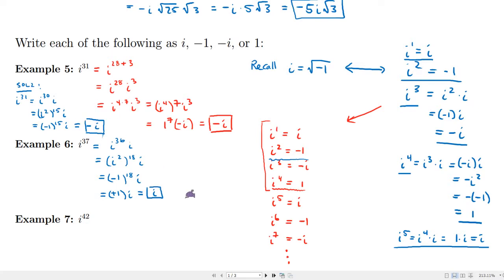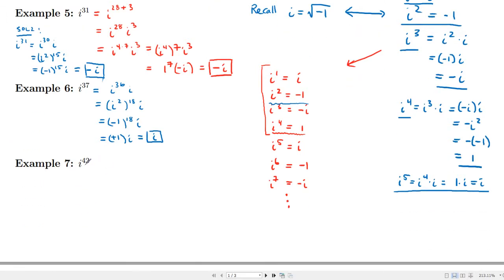Okay, I think that's probably a little bit easier to follow, because if it's odd, just save one of them, and then what's left over will be an even number of them. You rewrite that as I squared to half of it, and then this power is either going to be even or odd. So how about this one here, I to the 42? Well, I to the 42 is I squared to what power?